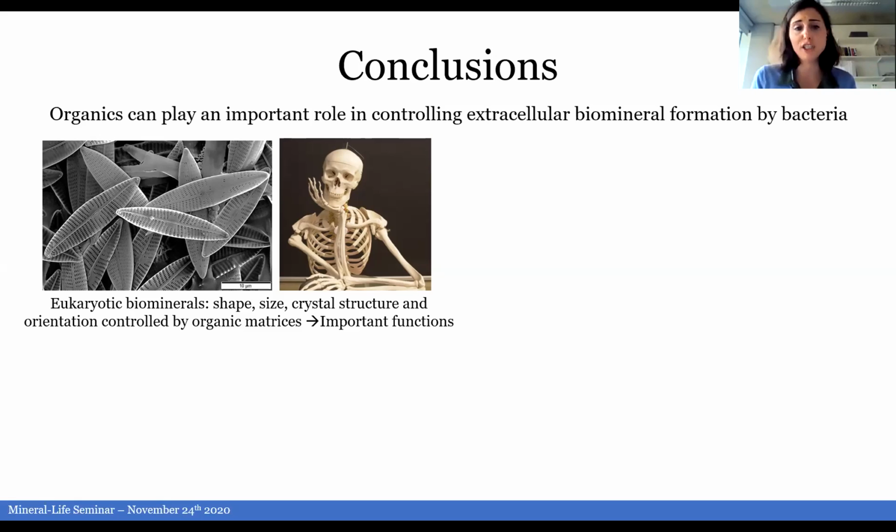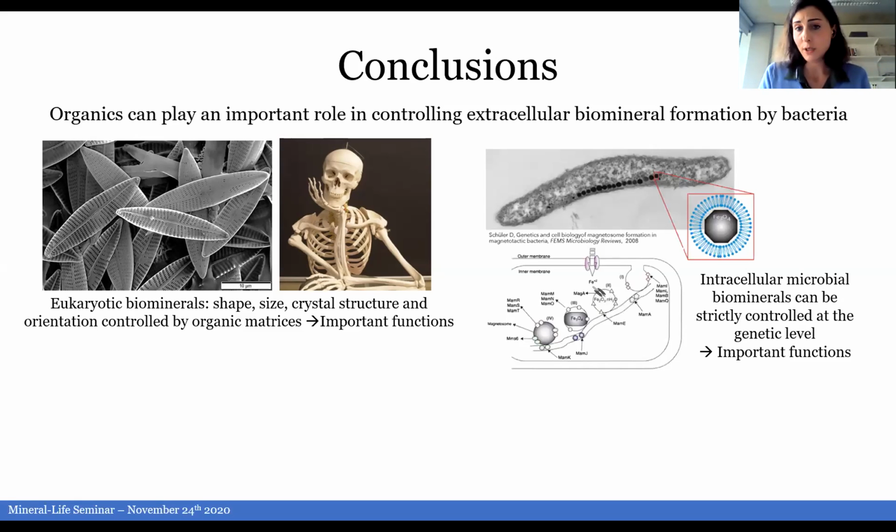If you think about the shells of a diatom, or our own bones or teeth. The reason why there is such strong organic control is because these biominerals serve very important biological functions. They are actually adaptations, and organisms have evolved to develop all these controls to produce these minerals with very controlled properties.